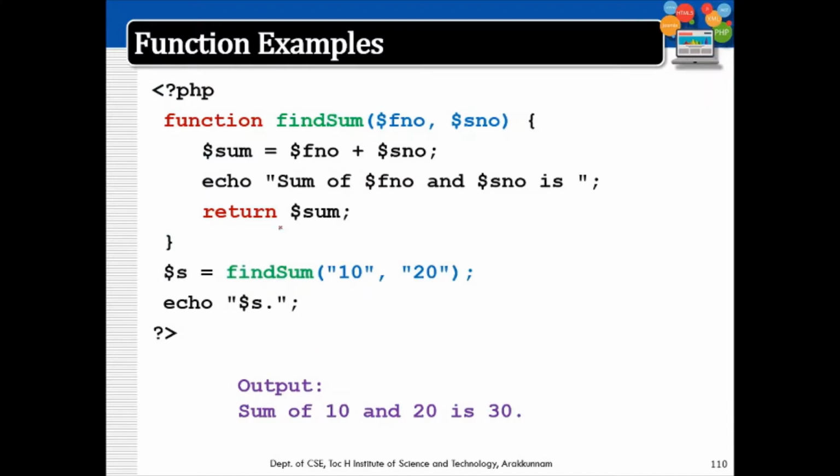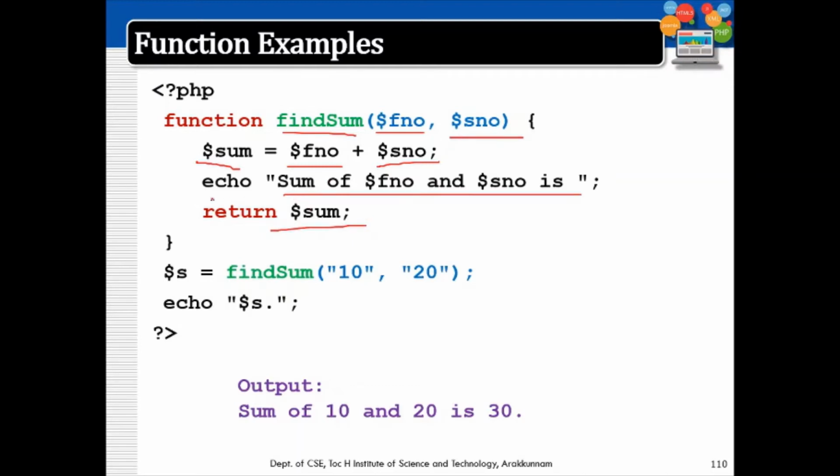Here is a function to find the sum of two numbers. This is a PHP script for that. In this, I have written a function findSum. I have two parameters, fnumber and snumber, the first and second number. So $sum is equal to fnumber plus snumber. Here the sum of the first number and second number is stored in sum.